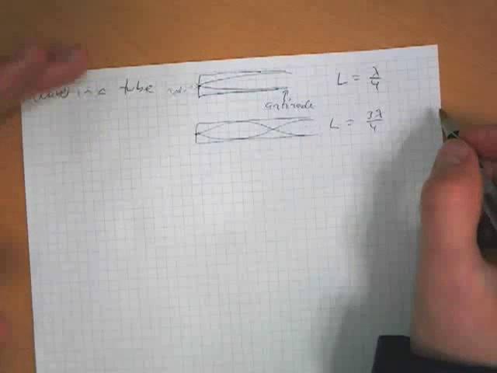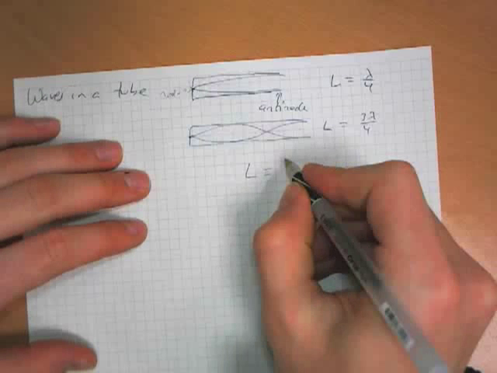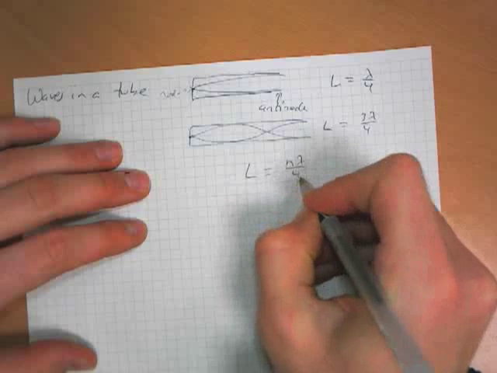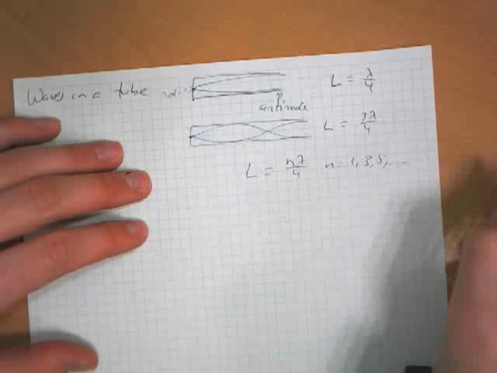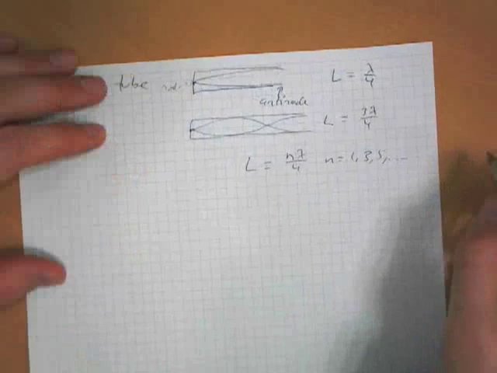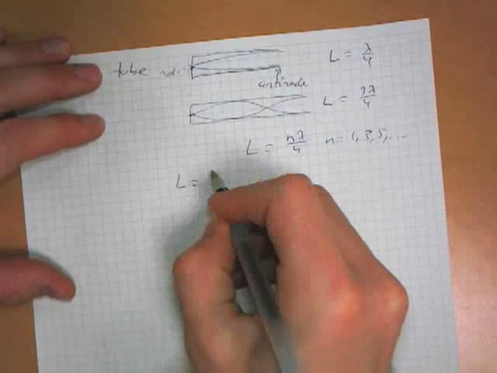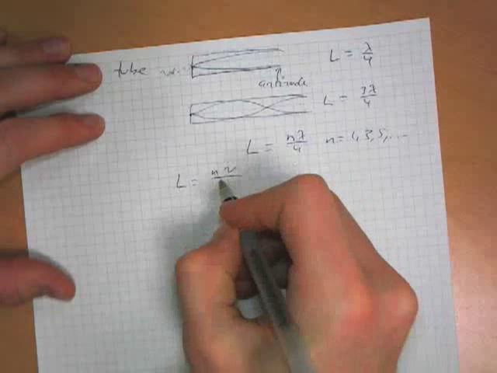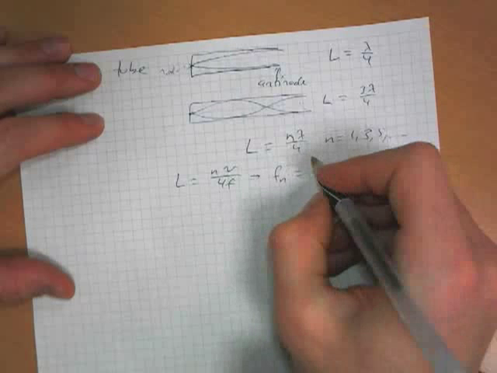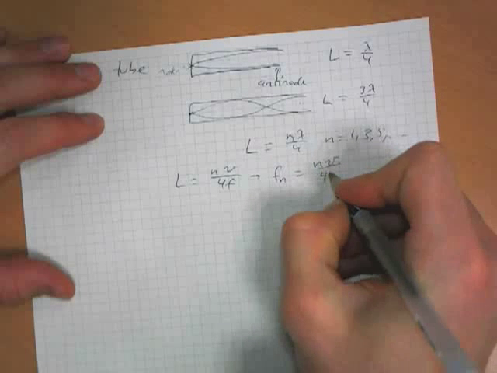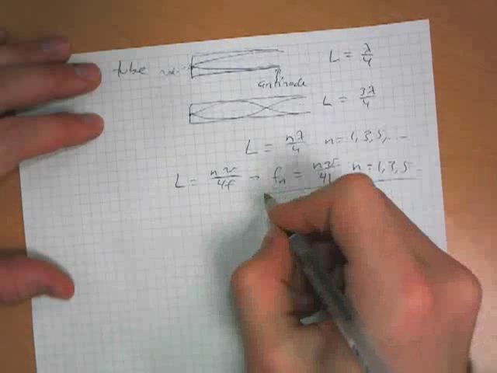Continuing on with the pattern, we can see that our length is equal to n lambda over 4, but n is only odd numbers. Okay, and following the same pattern, if we substitute in v over f for our frequency, then we can say that the frequency of the nth harmonic is just n v over 4L, where n, again, is odd.